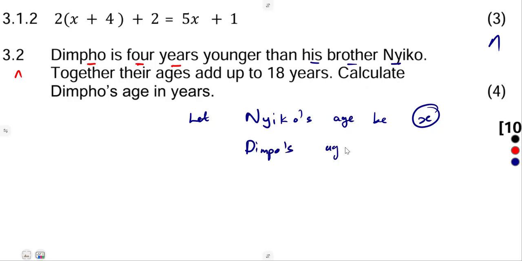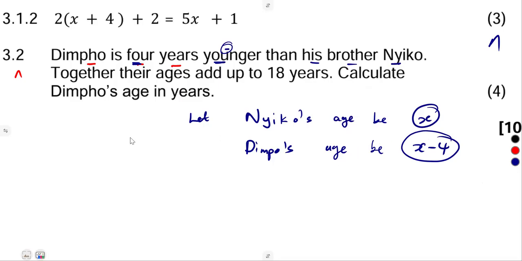So it means Dimpo's age is going to be, from the x, we subtract, because younger is negative, from what you're given. So it's going to be x minus. If it is older, you add. But 4 years younger, we subtract. So in this case, you can have it that way. It is up to you the way that you're going to display it here. I'm going to show you another way.